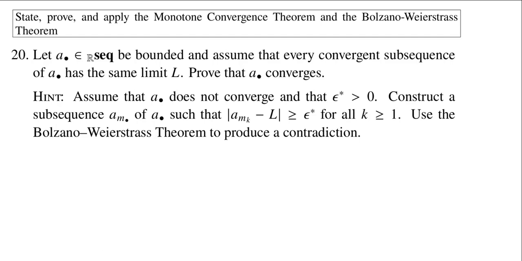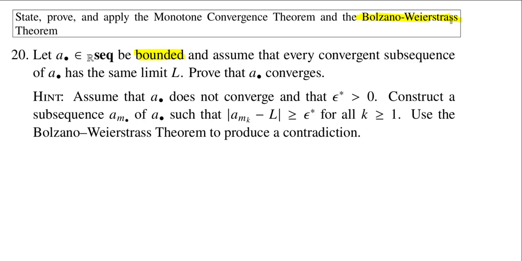And we get to assume that every convergent subsequence of A has the same limit L. And because it's bounded, that's really important because, by the Bolzano-Weierstrass theorem, I know that it has at least one convergent subsequence. And so that convergent subsequence has a limit L, and if I have any other convergent subsequence, it has that same limit L. And we actually are going to prove that A converges.